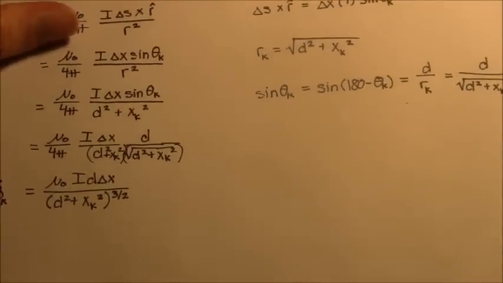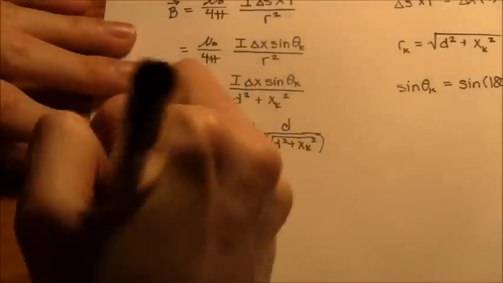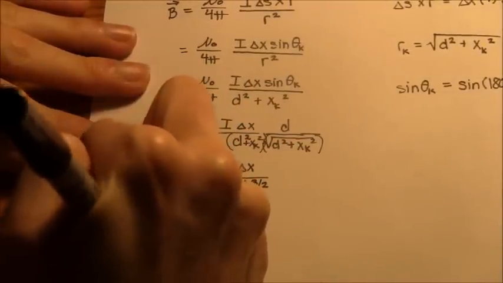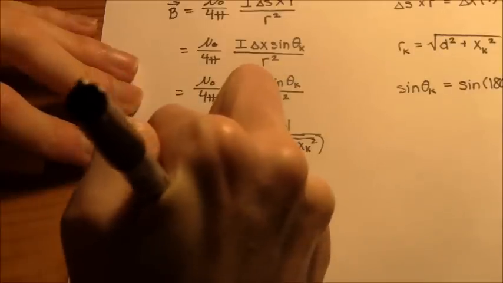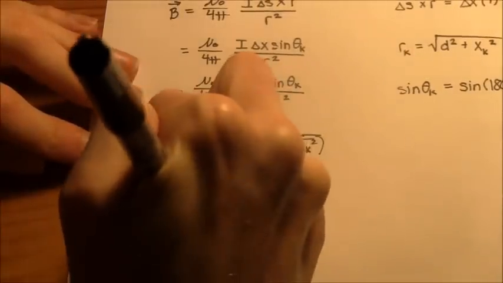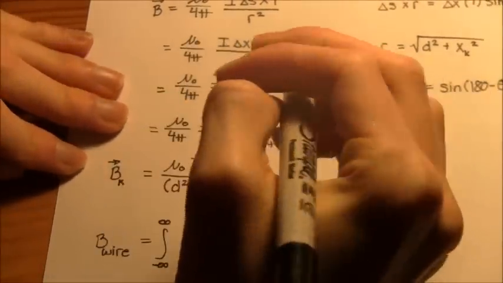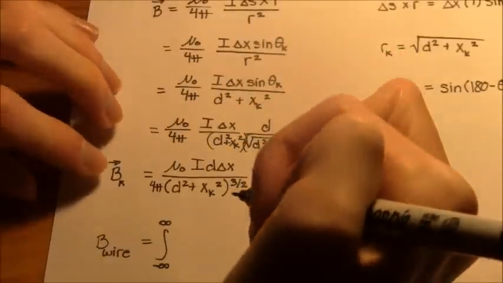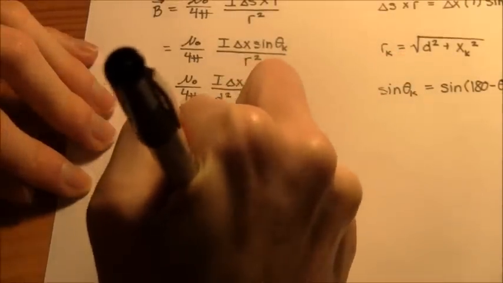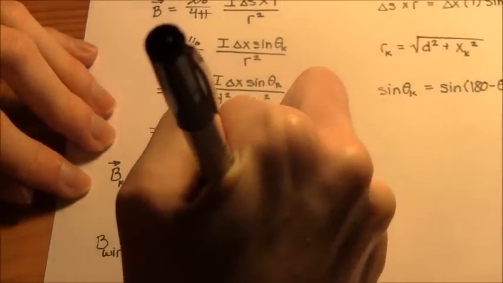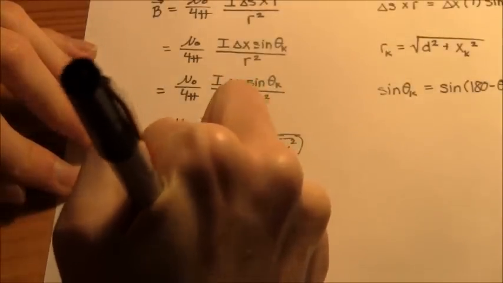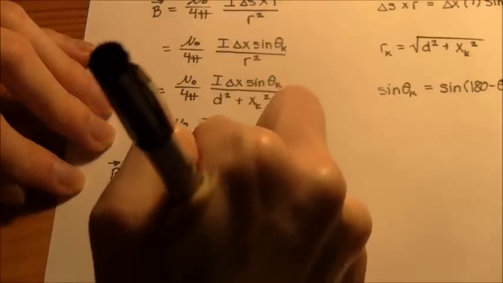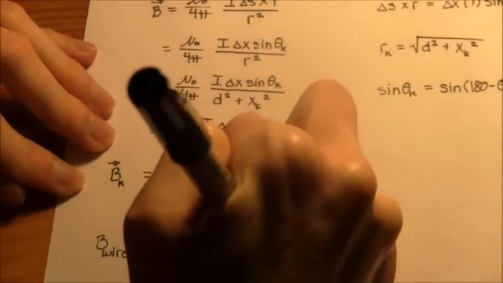So in order to do that, we integrate from negative infinity to infinity our formula over here. So mu naught I d delta x over 4 pi times d squared plus xk squared to the 3 halves.